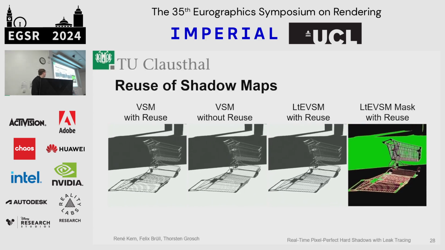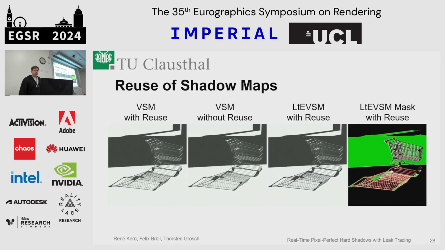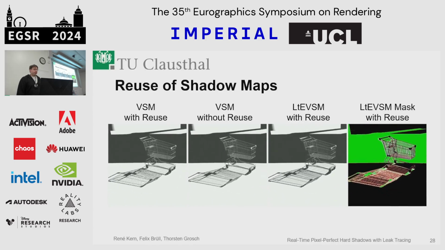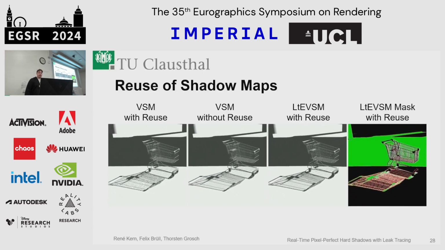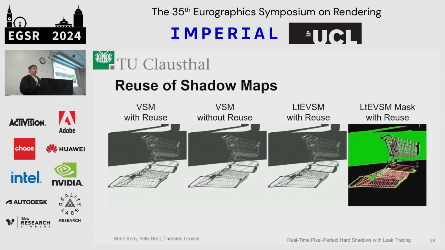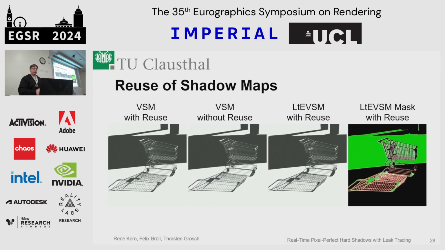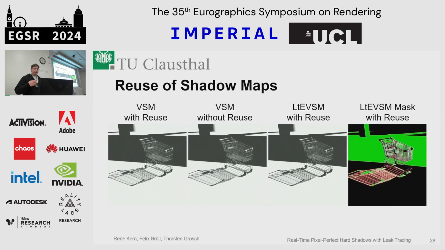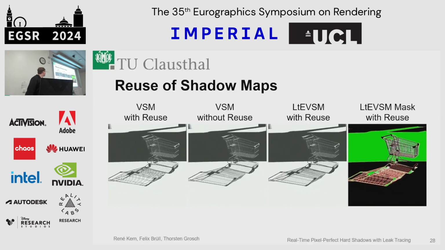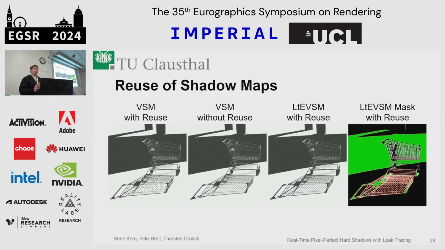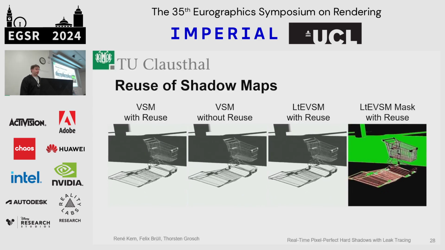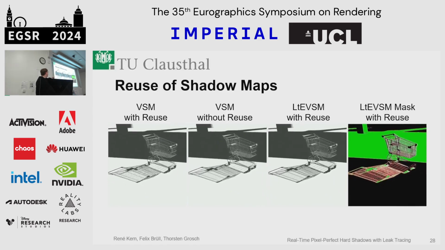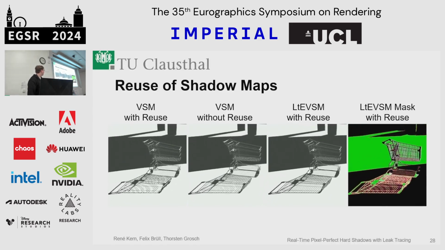We can also safely reuse shadow maps, even with camera movements. So for cascaded shadow maps, multiple cascade levels are used to fill up the view. And these normally need to be re-rendered every frame, because if you don't, you'll see these choppy jumps on the right side.